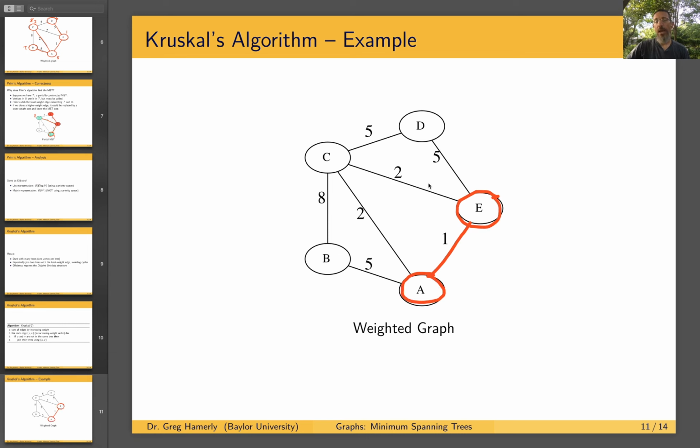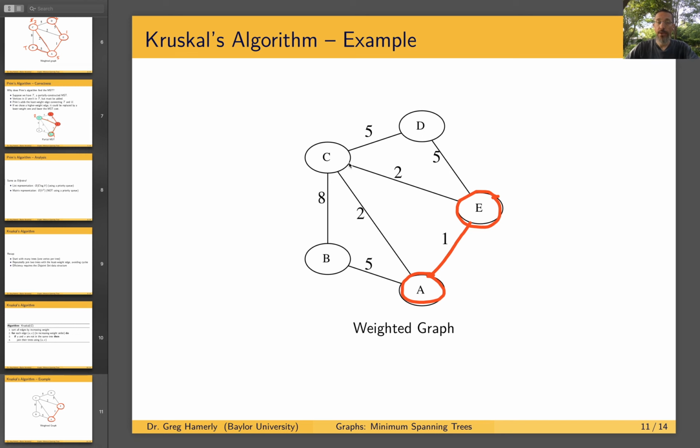Okay, so now we've gone from a forest of 5 trees down to 4 trees. We have the tree AE and the trees B, C, and D. Now the next least weight edge is either AC or EC, and it actually does not matter which one you choose first.